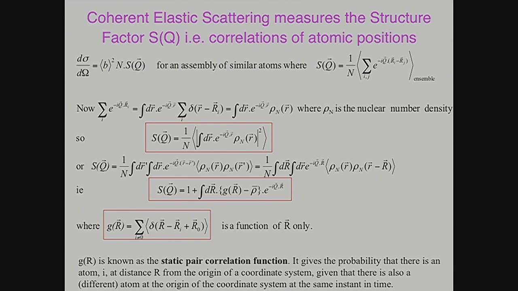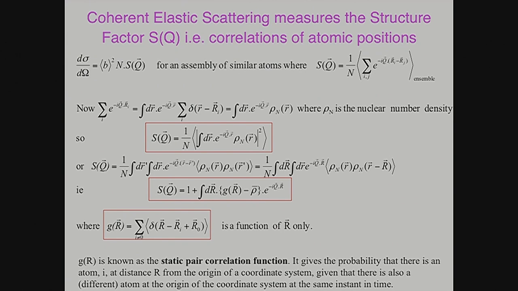In general this is a vector dependence, so it depends on direction. If you're in something like a simple fluid, like liquid argon, which is monatomic, then that fluid is isotropic, and so this function only depends upon the magnitude of R. So once again, G of R measures the probability that two nuclei are separated by this distance.